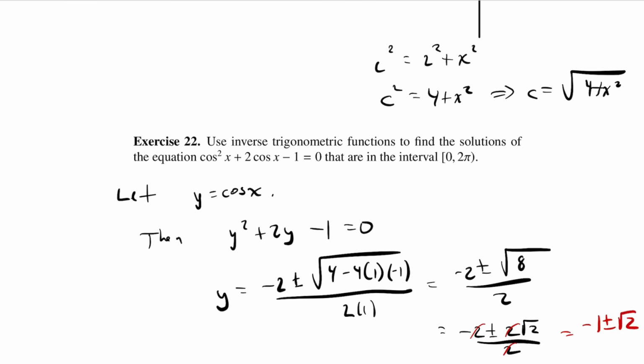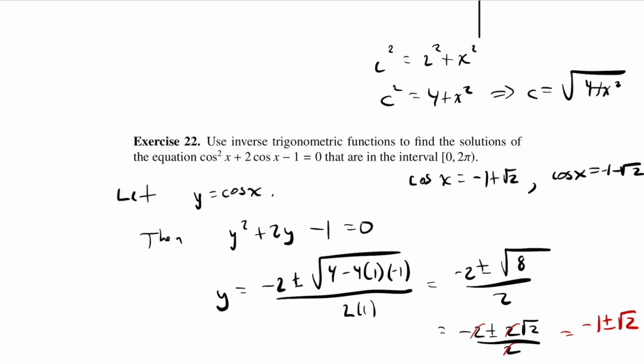So we go back to our y substitution. So cosine is going to equal negative 1 plus radical 2, and cosine is also going to equal negative 1 minus radical 2. Okay, I would recommend that we get the decimal representation just to see if there's a solution.